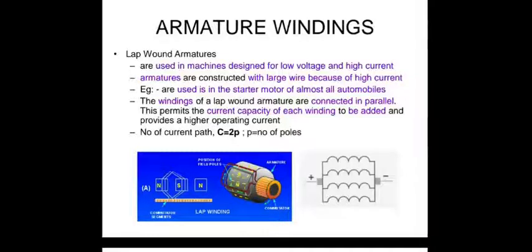The windings in case of a lap wound armature are connected in parallel. This basically allows you to increase the current carrying capacity of the machine. As I told you last time, the number of parallel paths in case of a lap winding is equal to the number of poles.